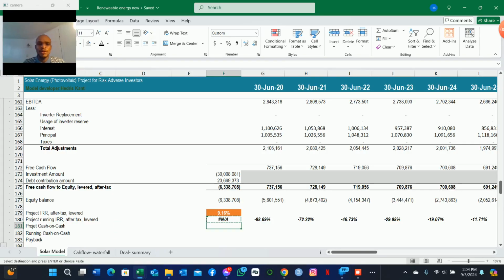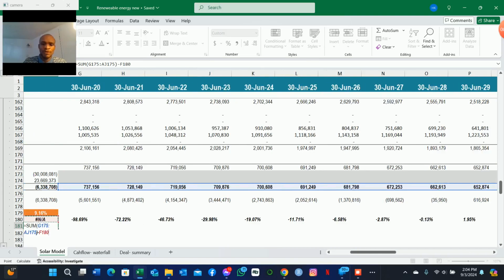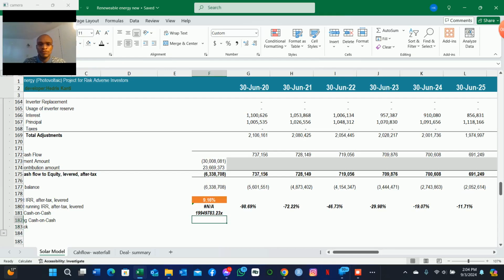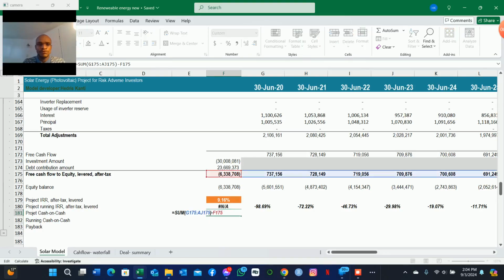So now we are ready to calculate the cash on cash returns. In this case, project cash on cash is just going to be equal to the sum of the cash flows, and we divide it by the initial investment amount.